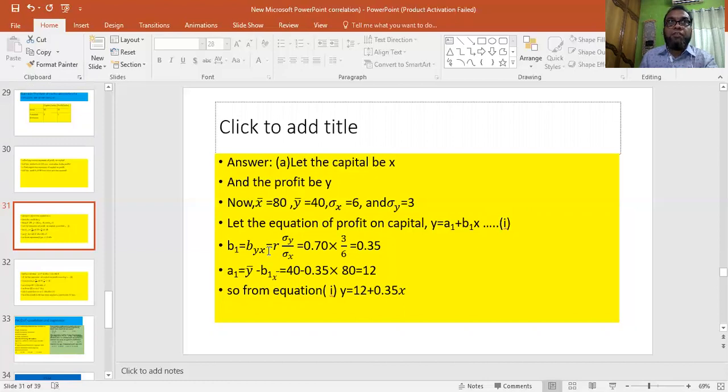So, byx equal to r sigma Y by sigma X. Here, sigma Y, sigma X and r are given. r equal to 0.70, sigma Y is 3 and sigma X is 6. So by calculation, we get 0.35.